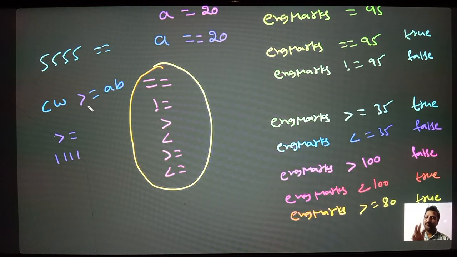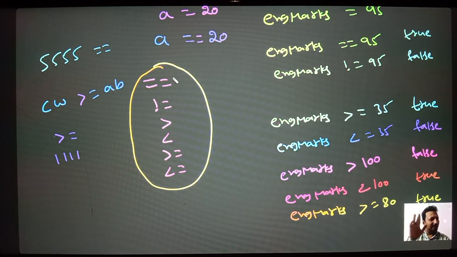So if you wanted to take a decision, you need to store first, using variables we are storing. And next, comparison can be done through operators. There are so many operators out there. Out of that, we are going to use comparison operators. There are 6 comparison operators: double equal to, not equal to, greater than, less than, greater than or equal to, less than or equal to.